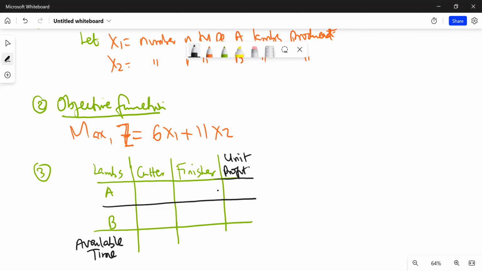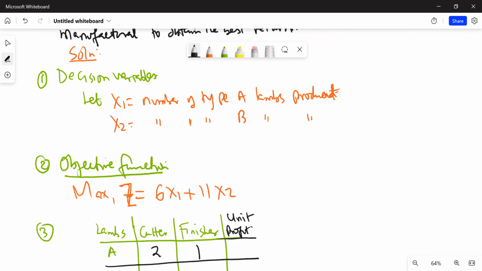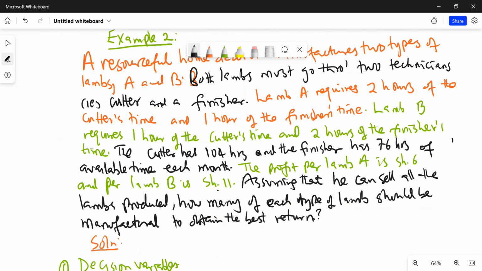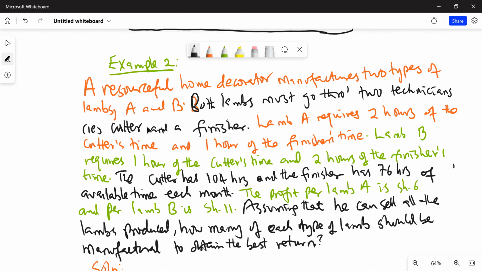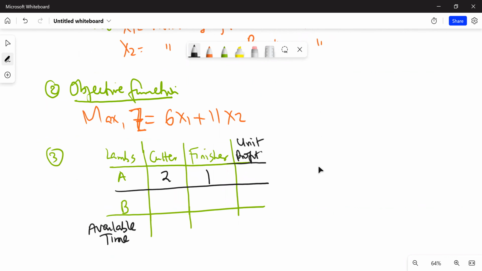We are told that product A requires 2 hours for cutting and 1 hour finishing. So lamp A requires 2 hours of the cutter's time and 1 hour of the finisher's time. Then lamp B requires 1 hour of the cutter's time and 2 hours of the finisher's time. How much time is available?